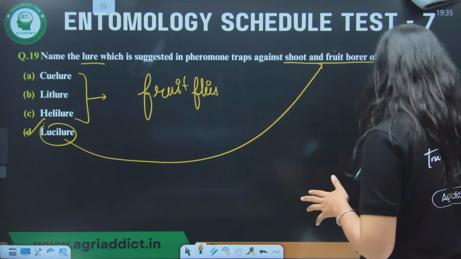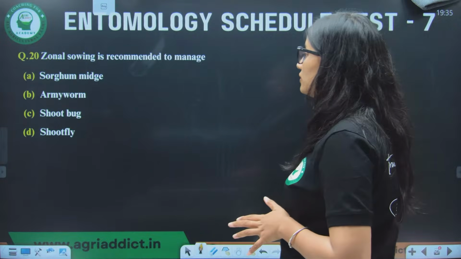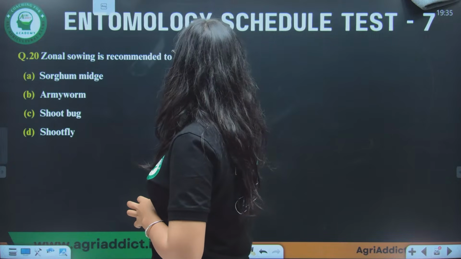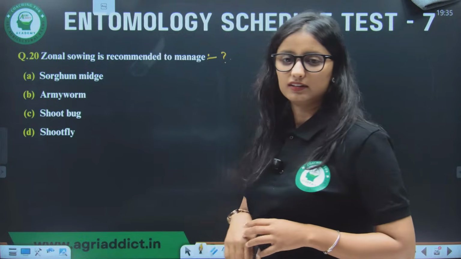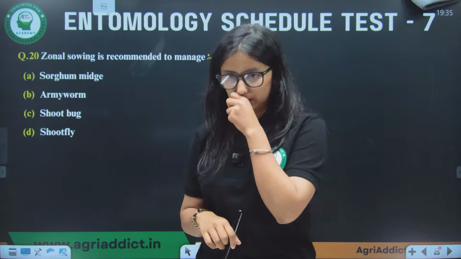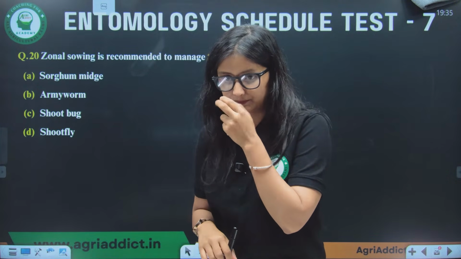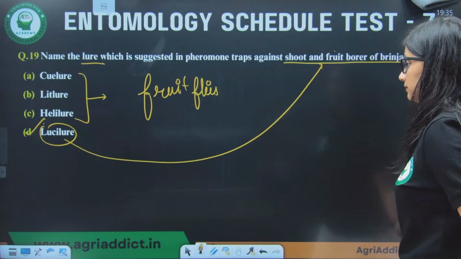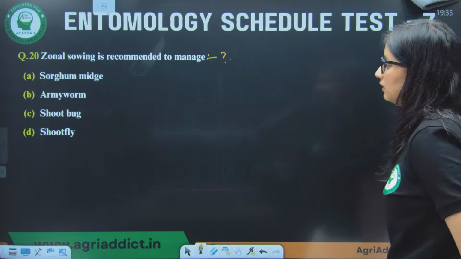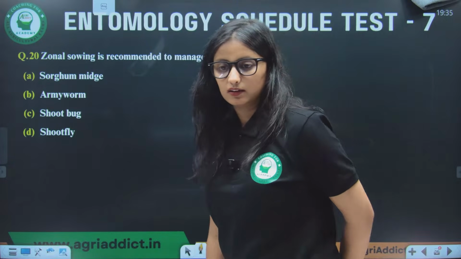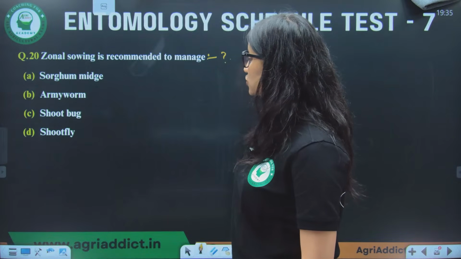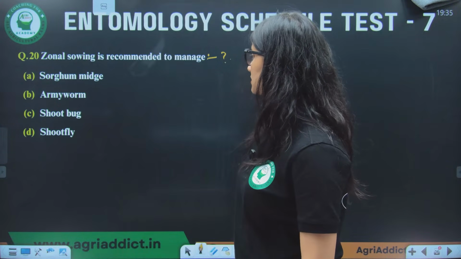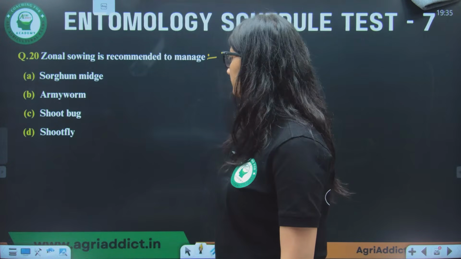Very good. Now, zonal sowing is recommended to manage what? Helilure, Helicoverpa. Very good, very good. Zonal sowing is recommended for what?